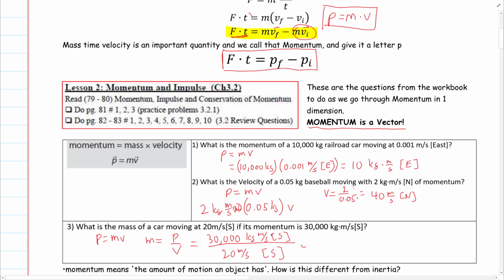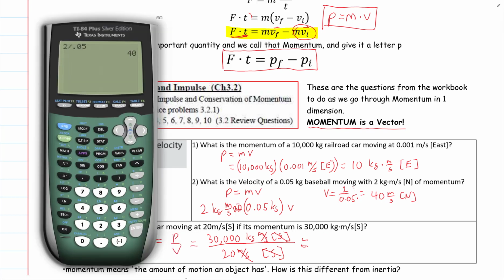Mass is momentum, 30,000 kilogram meters per second south, all over V, 20 meters per second south. The south cancels, the meters per second cancel, and we get 30,000 divided by 20, which is 1,500.